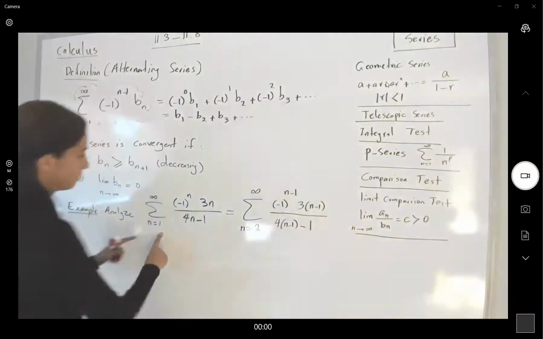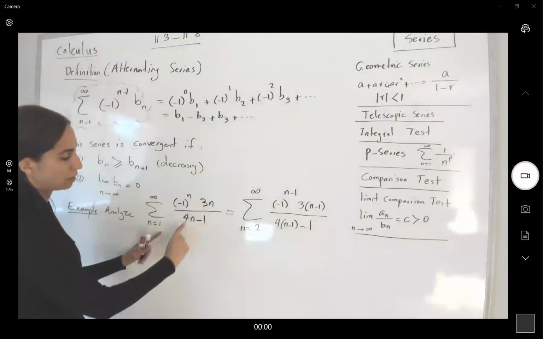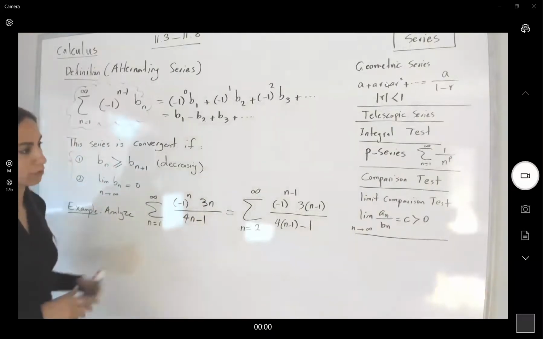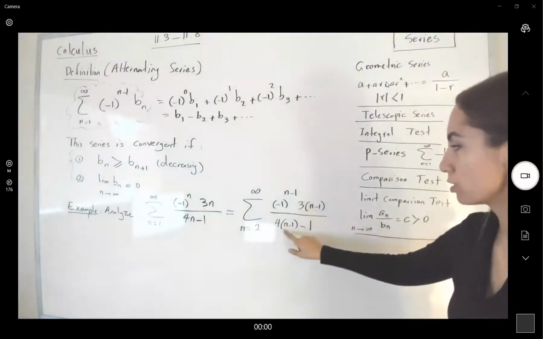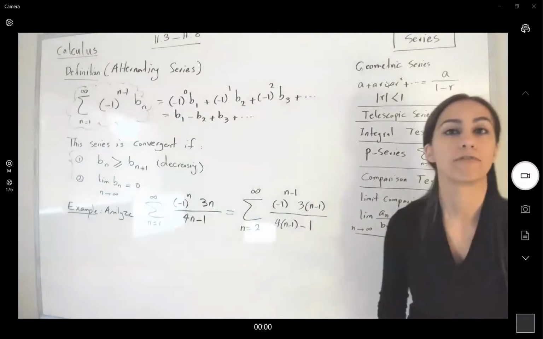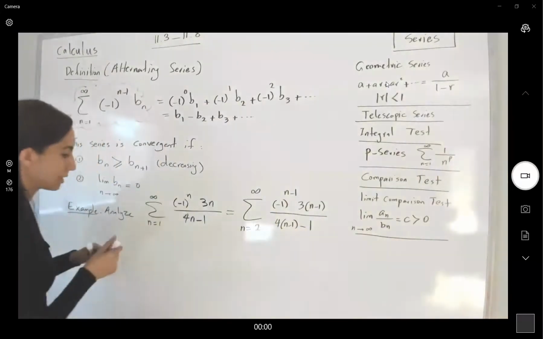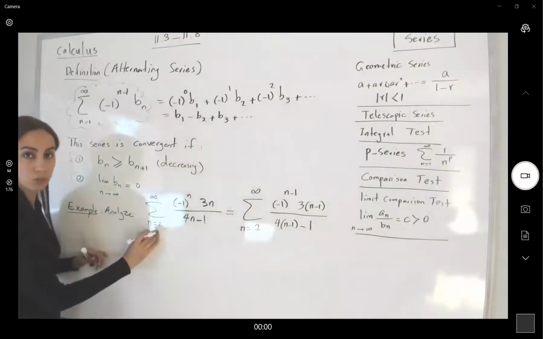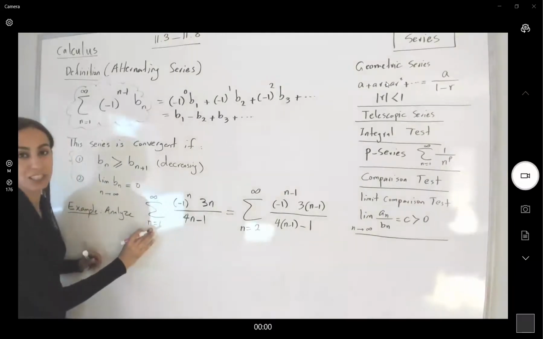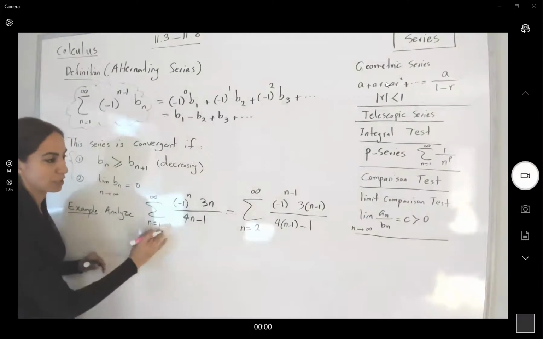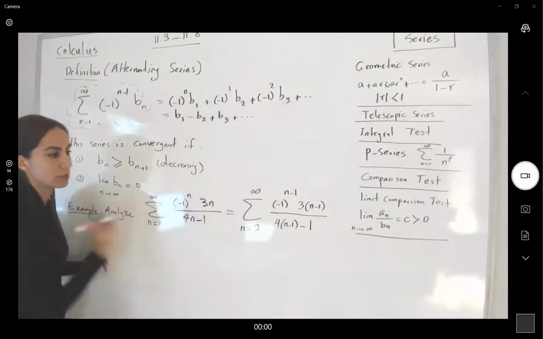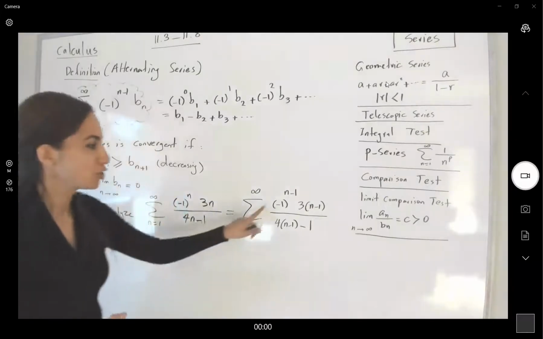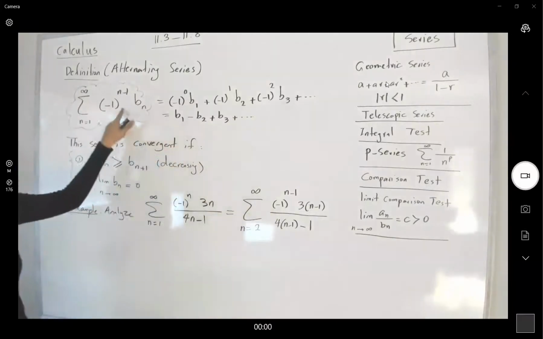If n is equal to 1, you get negative 3 divided by 3, or negative 1. If you plug in 2 here, you get negative 1 times 3 divided by 3, which is negative 1 again. So what I did, I added 1 to my first step, n equals 1. Now n is equal to 2, and I subtract 1 from each of these n's to make the exponent the same as the exponent that I have here.